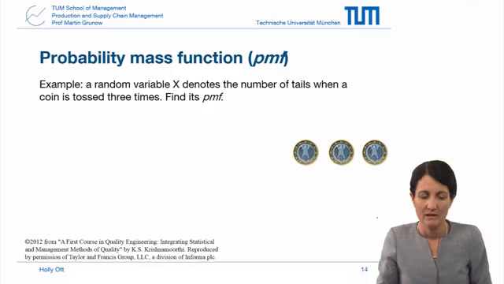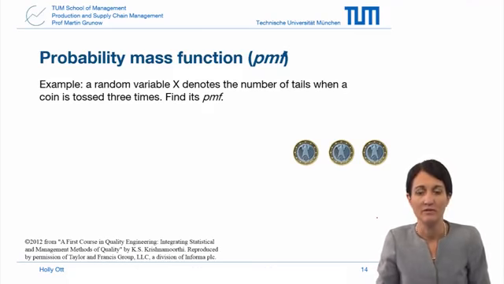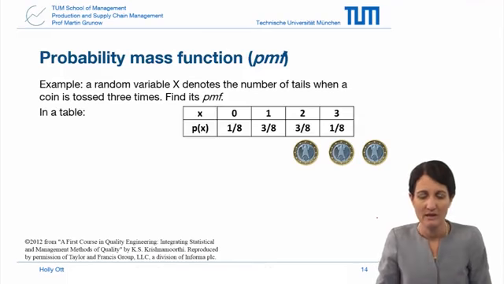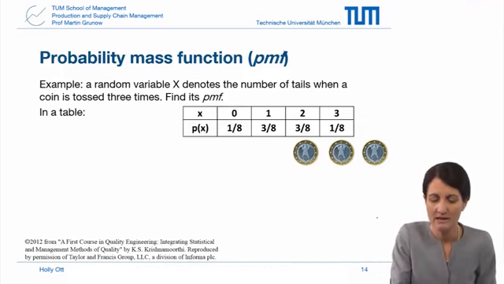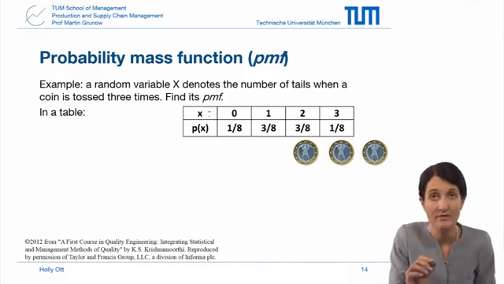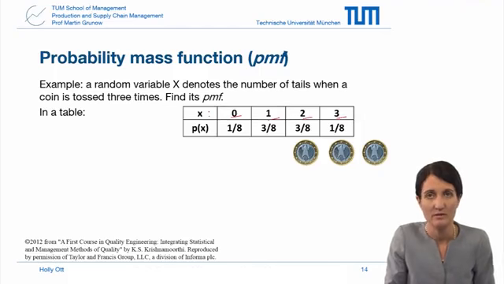Now, let's look at the PMF for this. So we have the random variable X denoting the number of tails when a coin is tossed 3 times. In a table, our big random variable X can be equal to x equals 0, x equals 1, x equals 2, x equals 3.